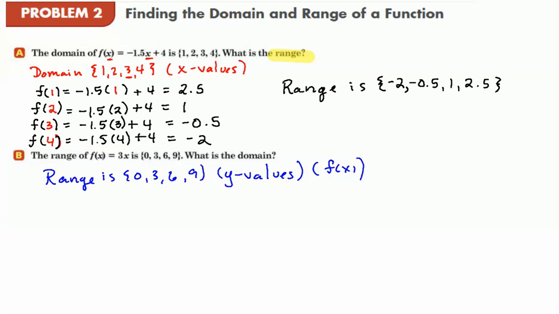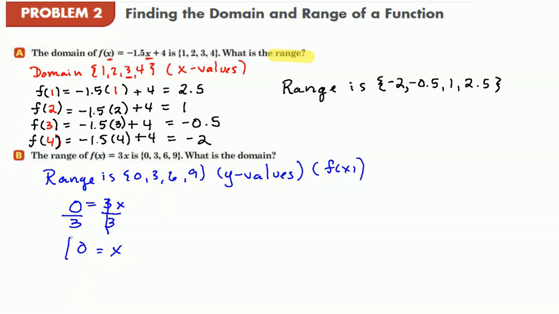This is our new y value, which is f of x. So we're going to plug in 0. Let me write these equations down. I get 0 equals 3x. Now I want to solve for this. So I'm going to go ahead and divide both sides by 3 and solve for our domain. 0 divided by 3, and we're going to get x equals 0.